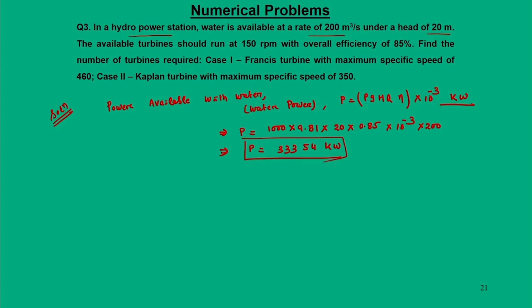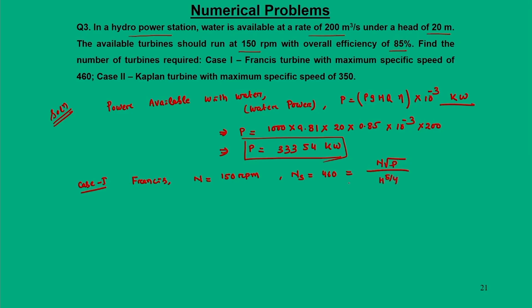Now, we have choice for the turbines, and these turbines should run at RPM of 150. So, first case 1, we say it is a Francis. So, we have speed as 150 rpm and its maximum specific speed is 460, and that is nothing but N square root of P divided by H to the power 5 by 4.